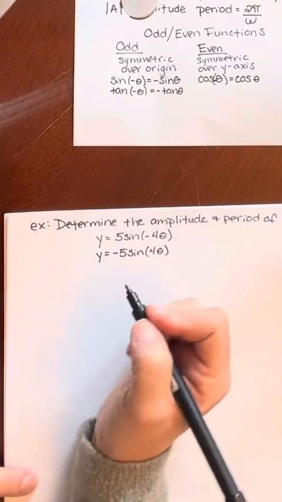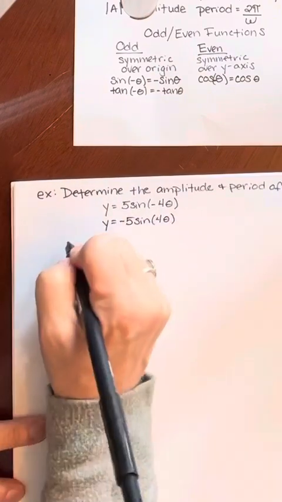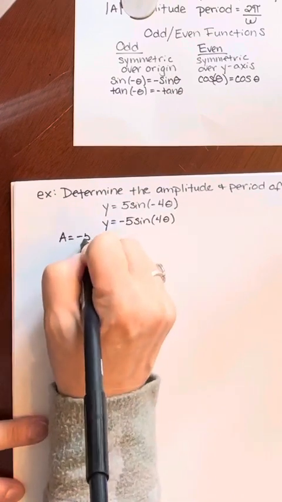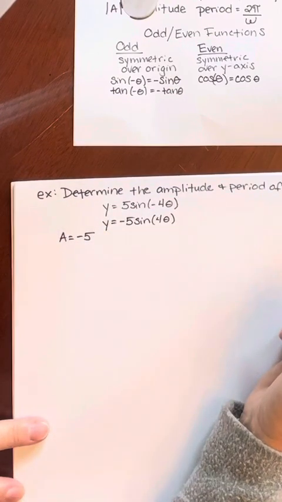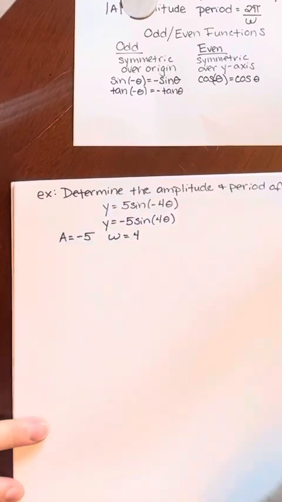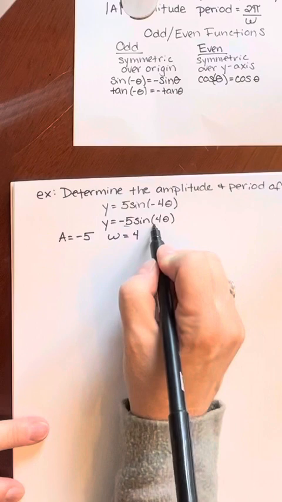Next, let's find what our A value is. So A equals negative 5, and omega equals 4. So there's your A, there's your omega.